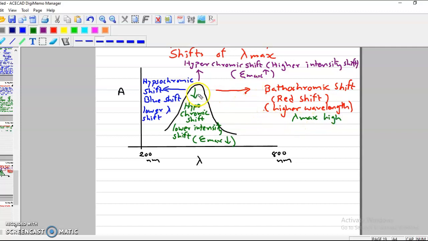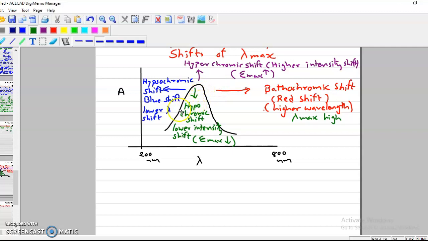Similarly, another shift is where the graph, or this high peak, moves towards the left side, towards the lower wavelength. So it is called hypsochromic shift or blue shift or lower wavelength shift, in which lambda maxima will be low.